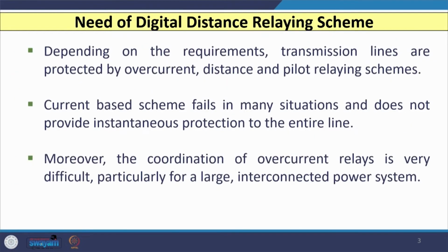Now, let us see what is the need of a digital distance relaying scheme. We know that depending upon the requirements, transmission lines are usually protected by either overcurrent relays, distance relays or pilot relays. Protection based on overcurrent relays fails in many situations, and the overcurrent relay does not provide instantaneous operation throughout the entire length.